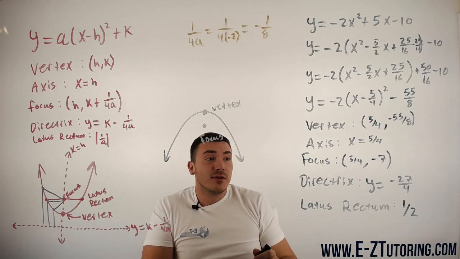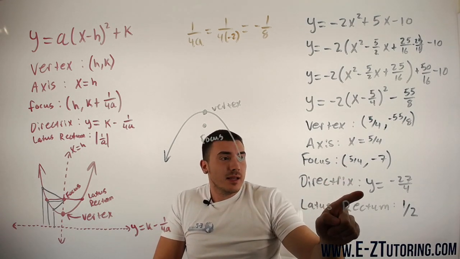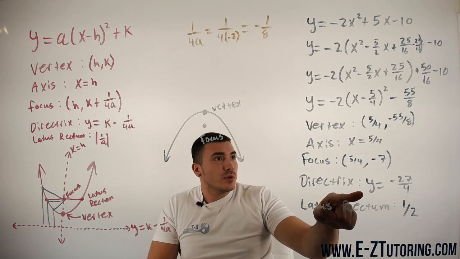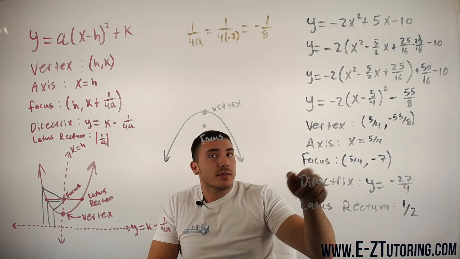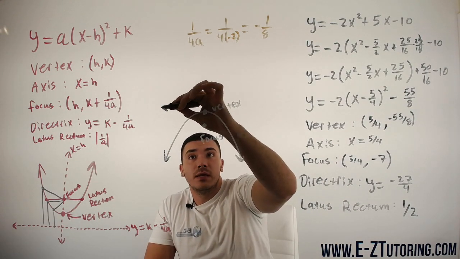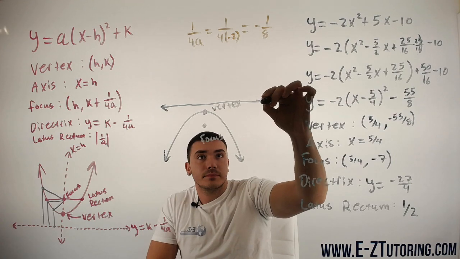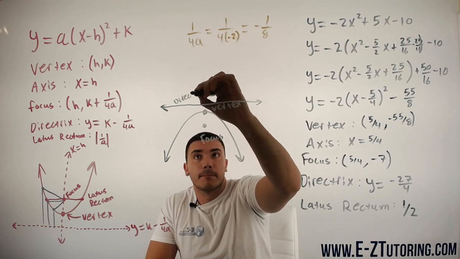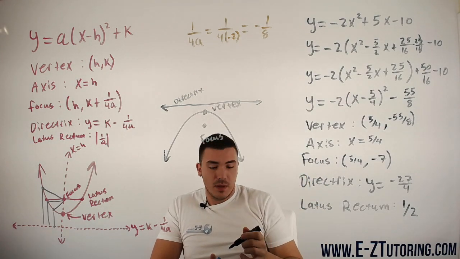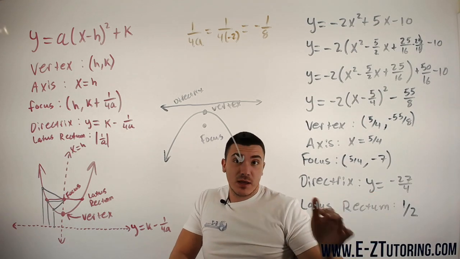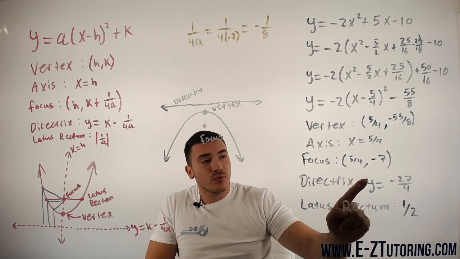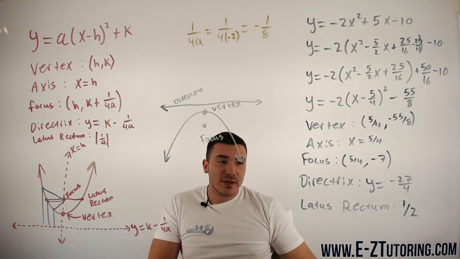After you find that, you can go ahead and label your directrix, which is actually greater than the vertex, which means the directrix will be up here. And y equals means it's a horizontal line crossing through the y value of negative 27 over 4.